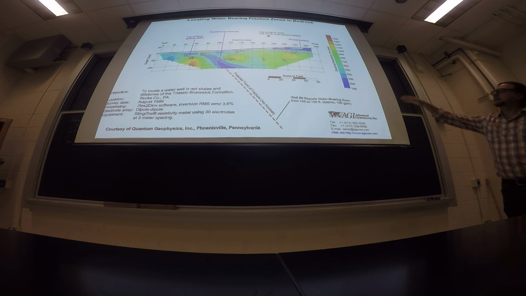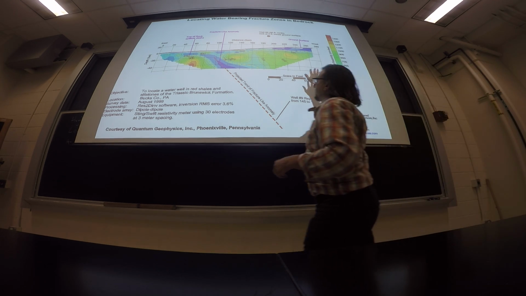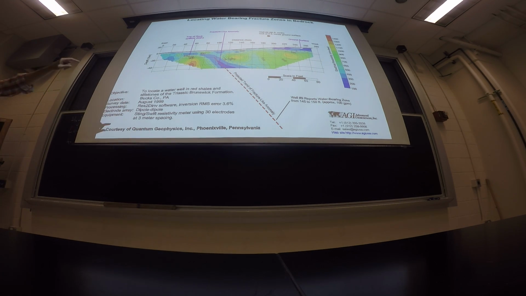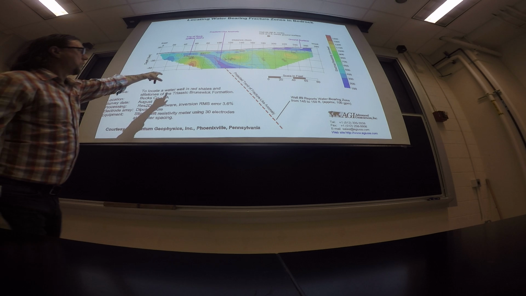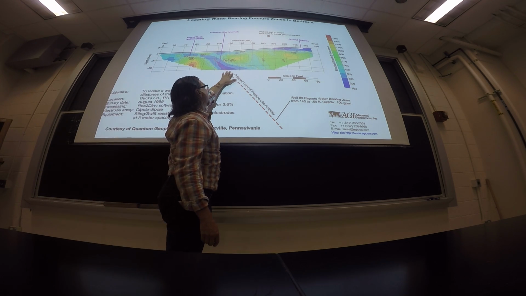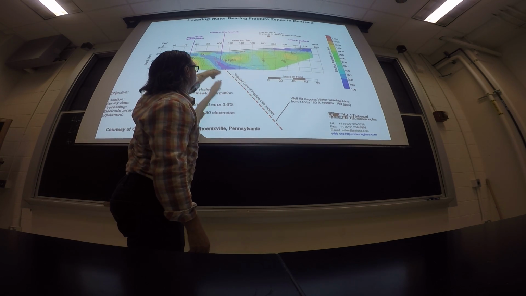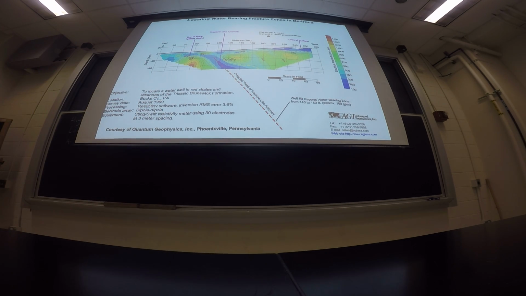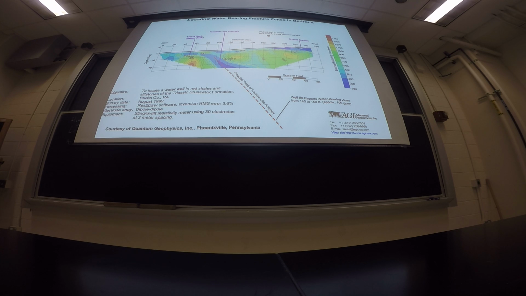In this case, you see that in general, across much of the area, there are fairly high resistivities. This is a 2D inversion result. We're not looking at the raw data. The one anomalous case is right in this location, where we see this structure dipping down from the top to the bottom.